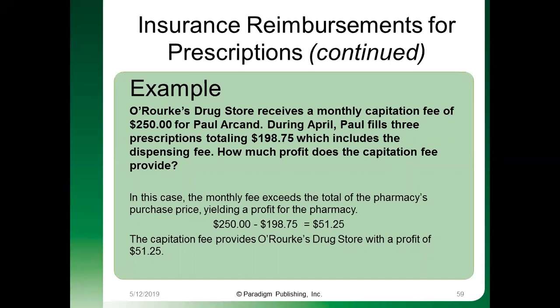So again, sometimes these capitation fees are good for pharmacy because they're able to purchase that medication at a discounted rate, but still are able to sell that medication how they used to sell it before.